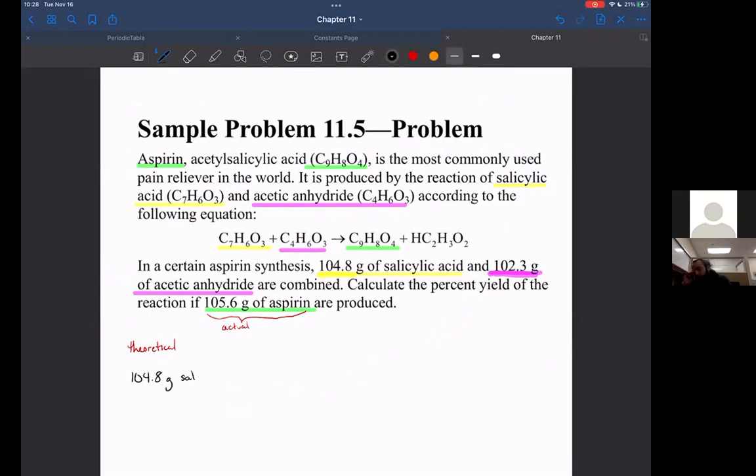Salicylic acid we'll abbreviate as SAL. And what am I going to have to do before I can use my balanced chemical equation? Same game we play a lot here, and that's use the molar mass in order to get to moles. So again, I'll tell you what these are, but you should be able to calculate it based on the formula and using the periodic table. But in the interest of time, let's just put down all these molar masses. Molar mass of acetic anhydride, we'll call that AA.